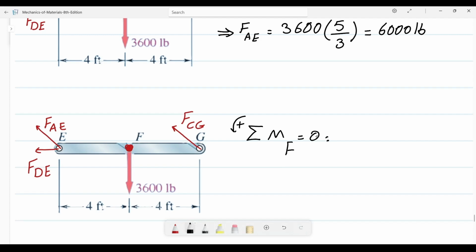That means minus 4 multiplied by 3 divided by 5 FAE, that's equal to FYAE.